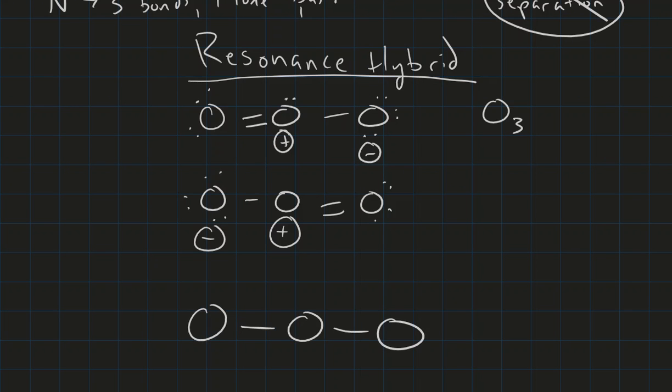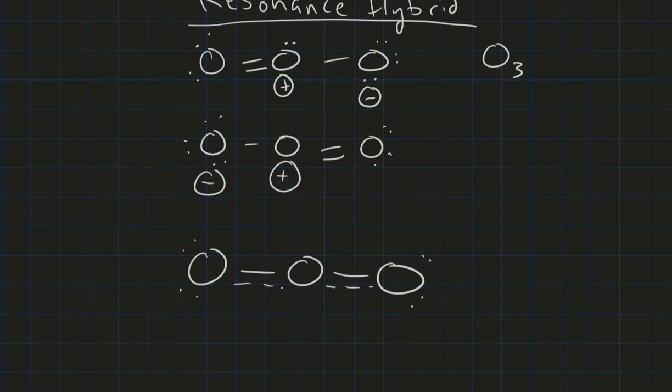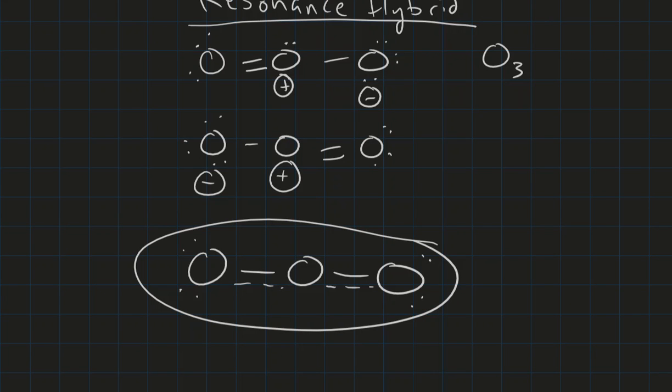What it's actually going to have is a bond and a half in between these oxygens. 2 lone pairs here. And then that third lone pair is going to kind of float. It's going to be where it is. So this is going to be our resonance hybrid. And we see this as what is in nature. And this is kind of that combination of the 2 options here. And before we move on, I do want to correct myself too. There is no third lone pair that floats. It is tied up in these half bonds here.